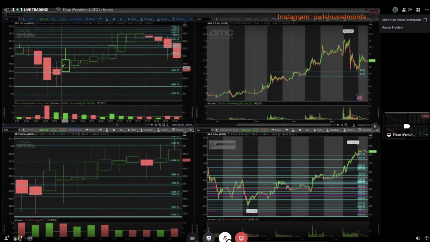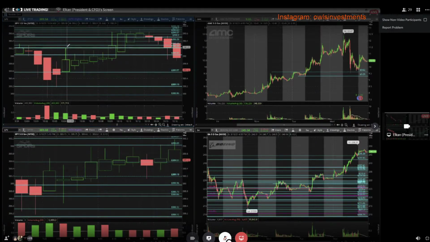Like bear candles: here we open, here we close, it's a lower point. Here we open, here we close, this is the highest point and this is a lower point. Bull candles, green candles, are the opposite. We open here at 389.57, we close at 389.91.